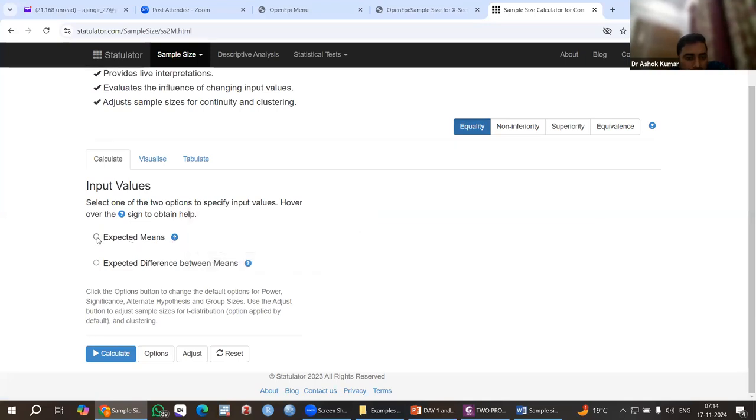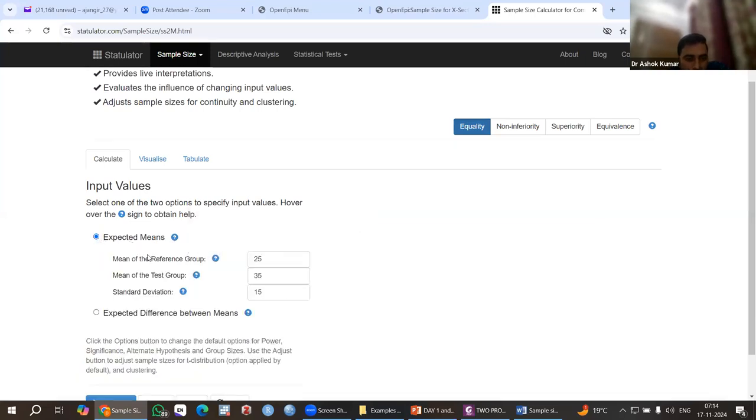Okay, when I click this expected mean, I have to enter the mean of the reference group and the mean of the test group. Mean of the reference group, this is for control. Mean of the test group, this is for experiment group. And here you can see this is only for standard deviation.